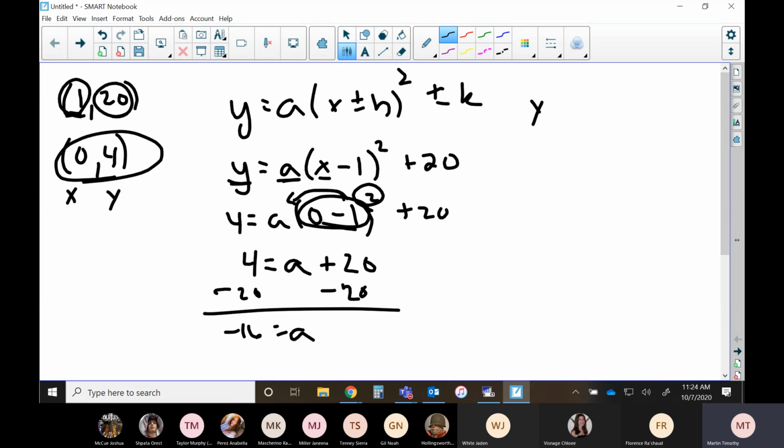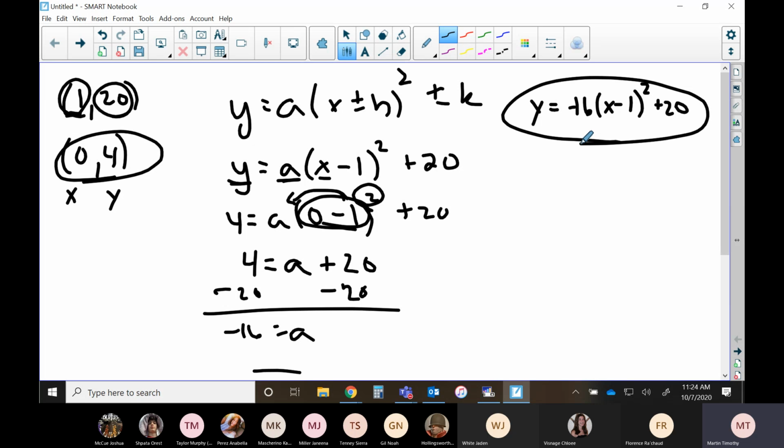Boom. y equals negative 16(x minus 1) squared plus 20. Now I used my a and I plugged it into my equation. Does that make sense?